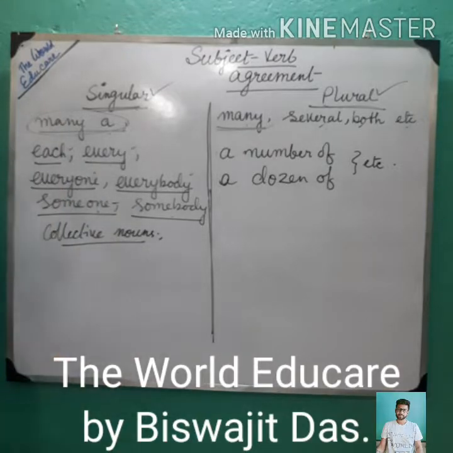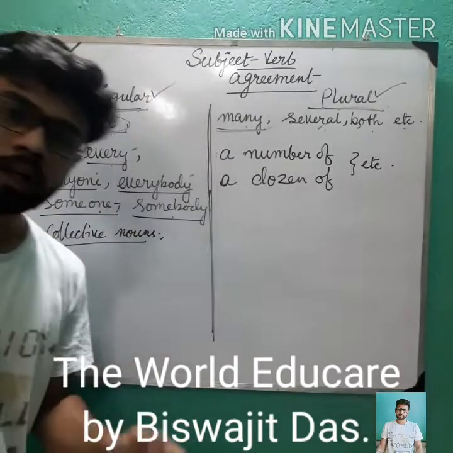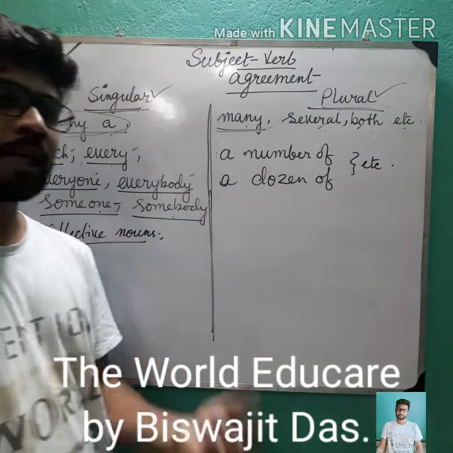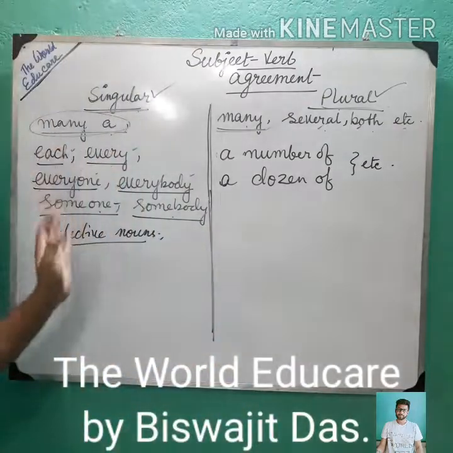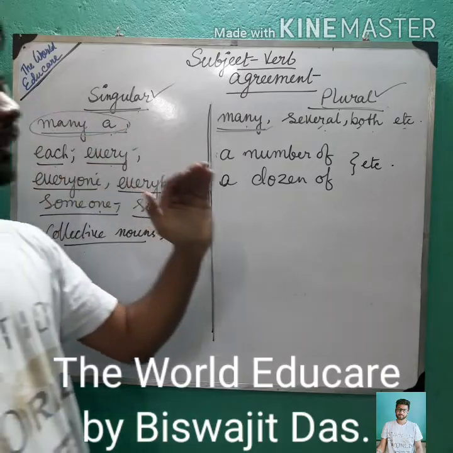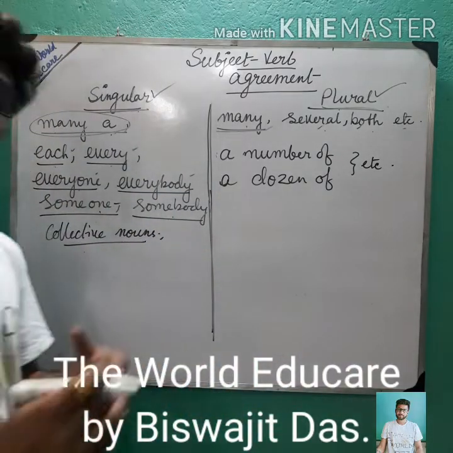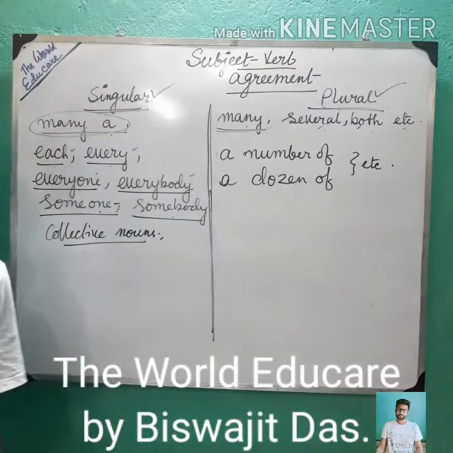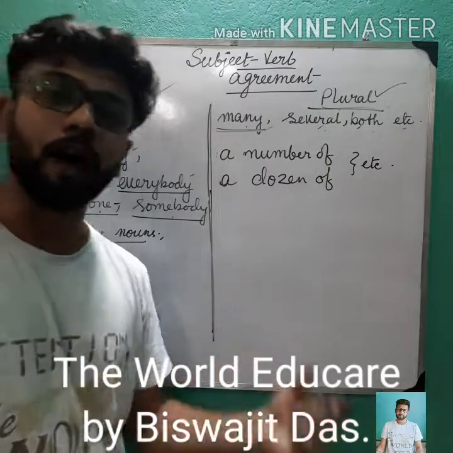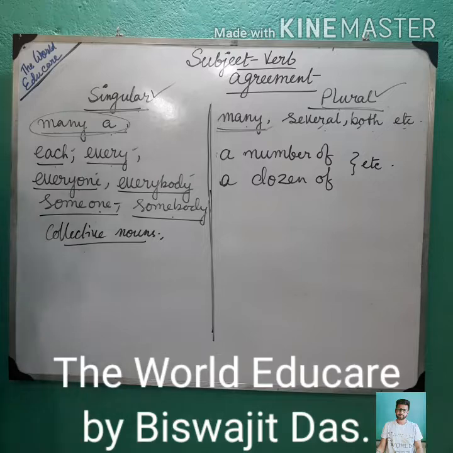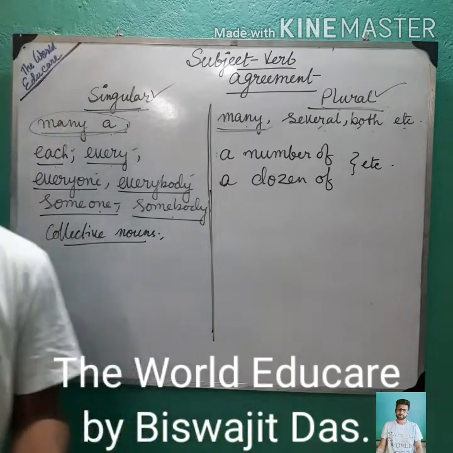So more or less we have got the idea in which cases in a sentence we use singular or plural, and that will help us make a sentence with the proper verb. That will eradicate our grammatical mistakes.